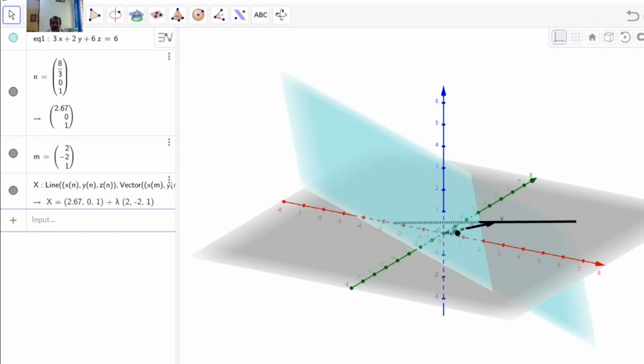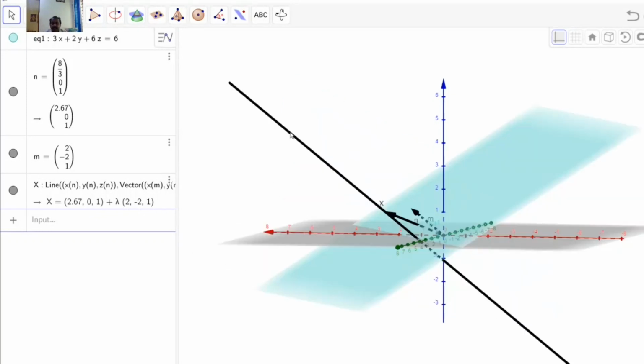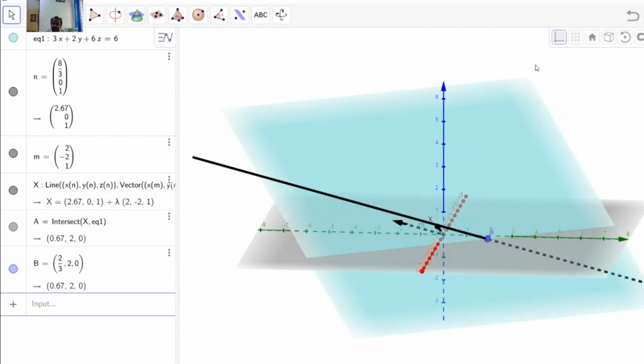And so you have the line here. This is the line and you intersect the line with the plane. You can see that the point A is the point of intersection of the line with the plane, and it is 0.6720, and our answer was 2 by 3 2 0. So that is actually 0.6720.